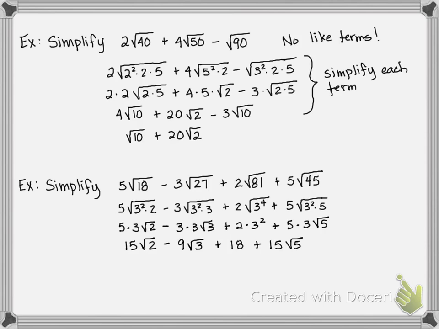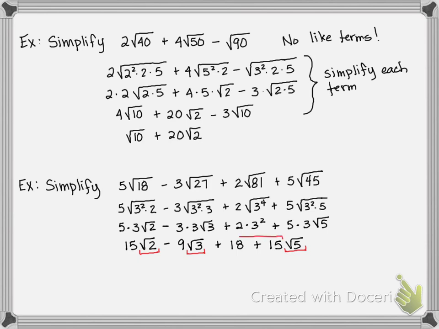Correct. I can't simplify that any further because I don't have any like terms. Notice when we look for like terms, we're not just looking at all the numbers, we're looking specifically at the radical factors. And because none of those are alike, we cannot combine them.